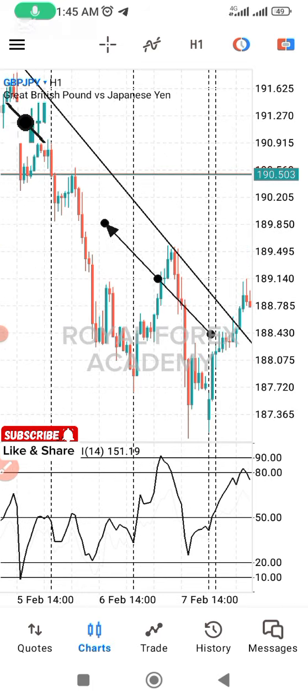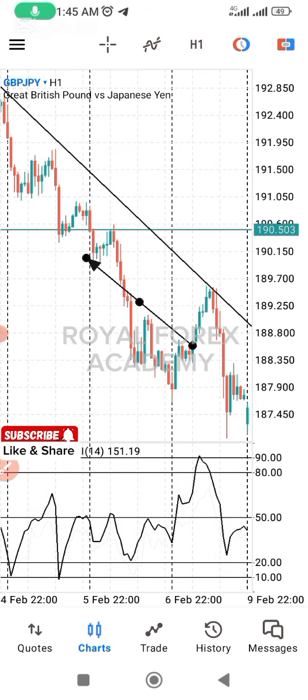Now that I have established this, the question now is, how do I make my entry? Remember, as far as trading is concerned, the first thing you need to do is for you to establish your trend. Once you have known your trend, you have done 50% of the work, because it is always said that the trend is your friend, and it will be of a great advantage that you trade in the direction of the trend.